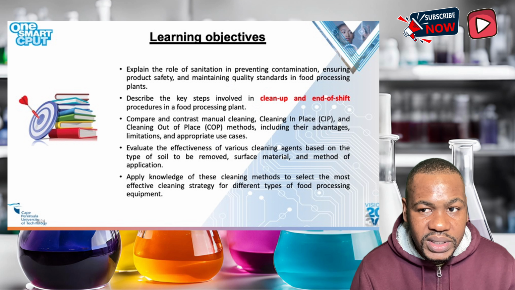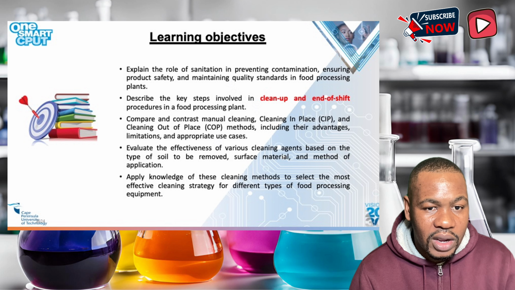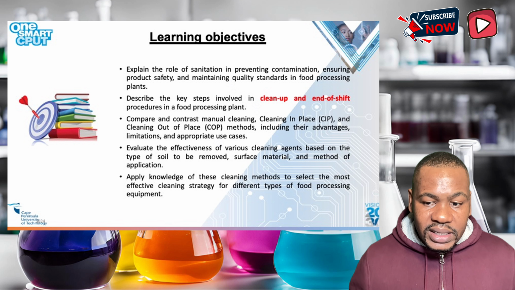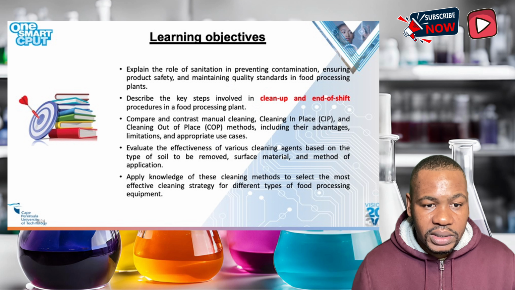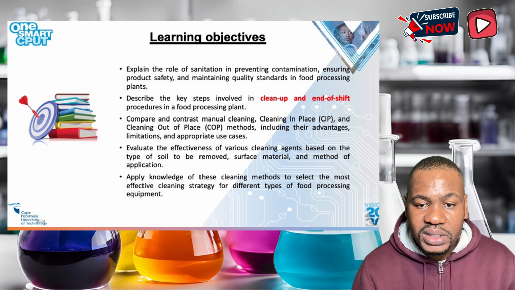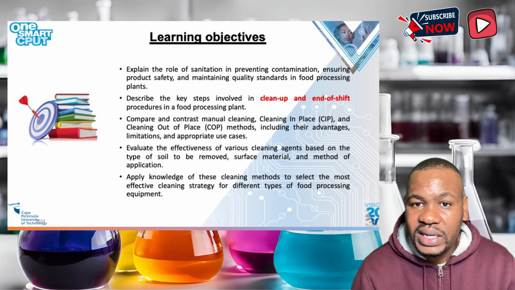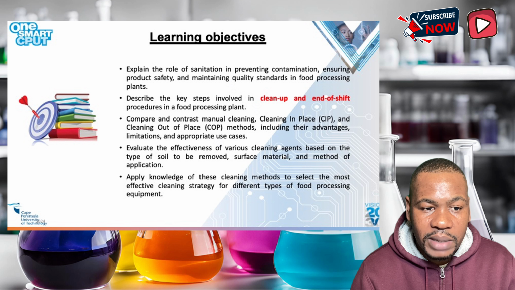Why must we use these particular chemicals? Why must we use these methods? And lastly, of course, we need to apply our knowledge of these cleaning methods to select the most effective cleaning strategy for different types of food processing equipment.